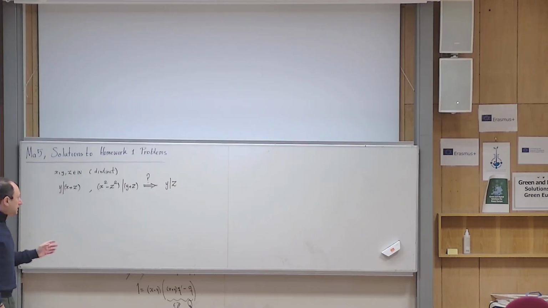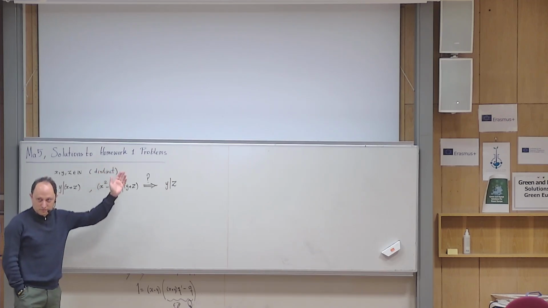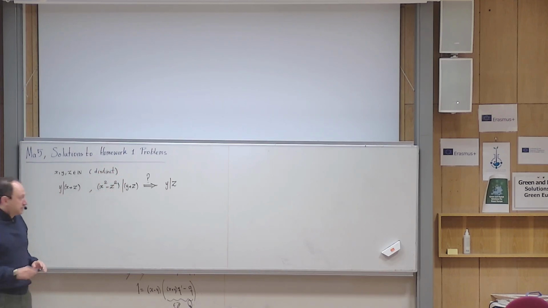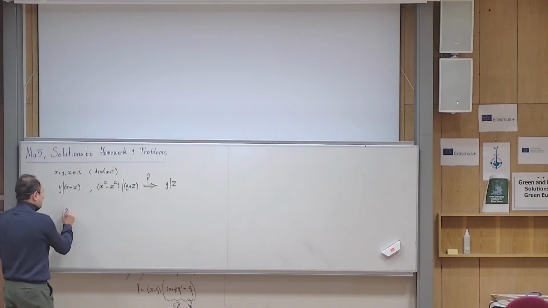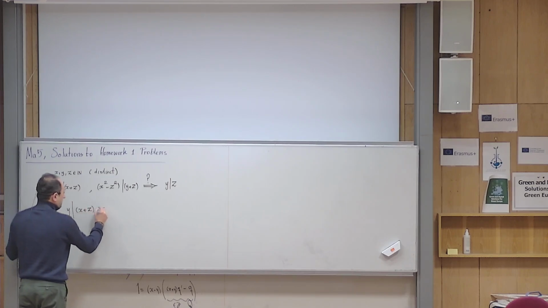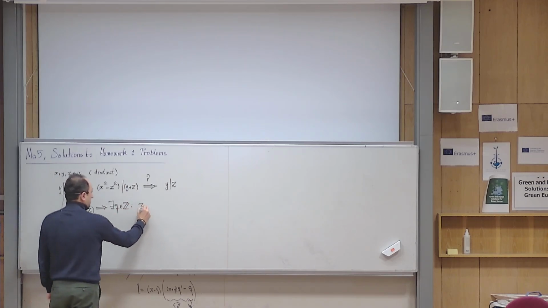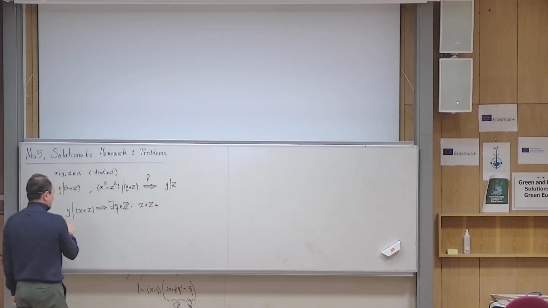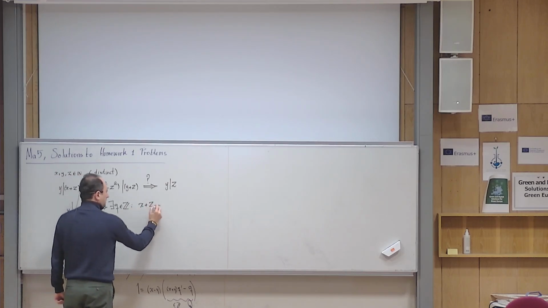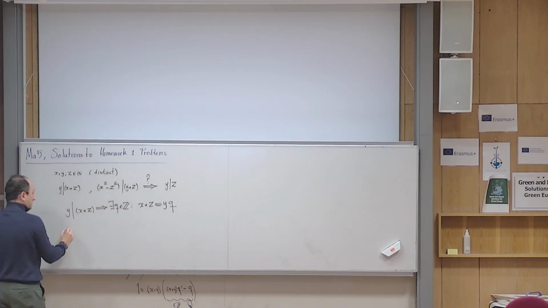For this problem, I don't think you face any problems for the first two parts. Just do it as before. So let us not spend so much time on it. So y divides x plus z. What is the conclusion? There exists a q in Z such that the number on the right is equal to the number on the left times the q, and the translation of the second one in mathematical form.